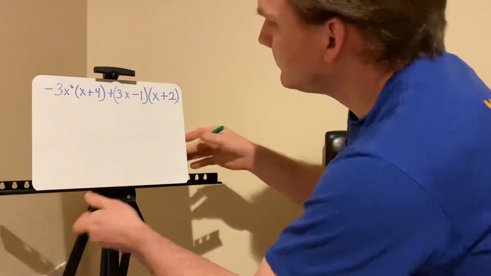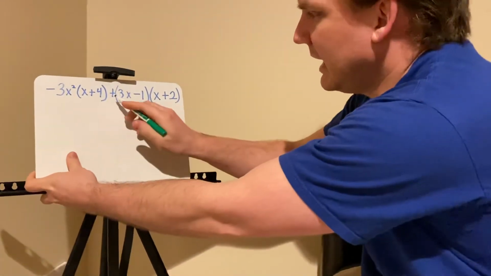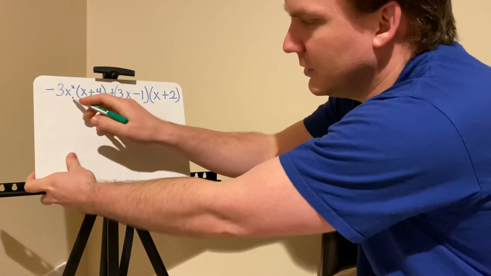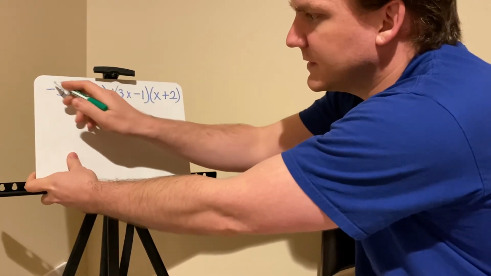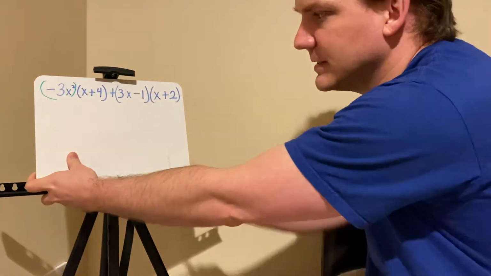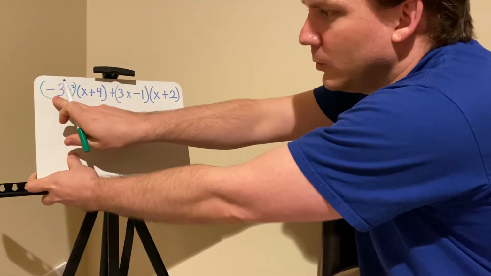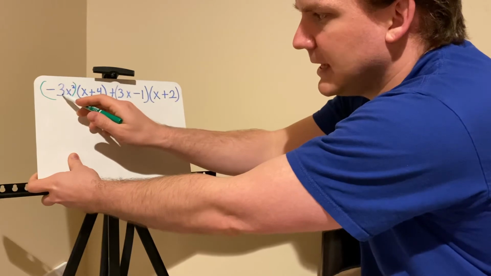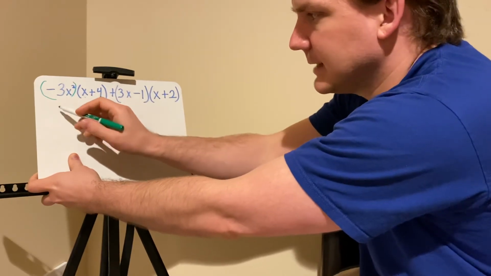So, now in this case, I have addition here, we have multiplication here, and we have multiplication here. You could put parentheses here to indicate that piece, because this is a monomial, so we only have one term times the binomial. So we do -3x squared times x.